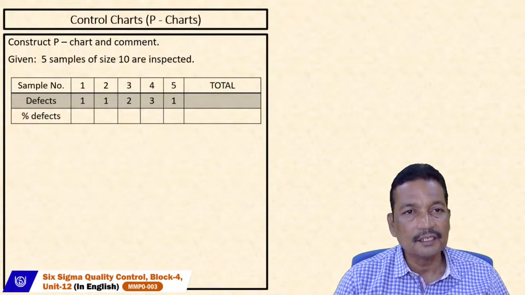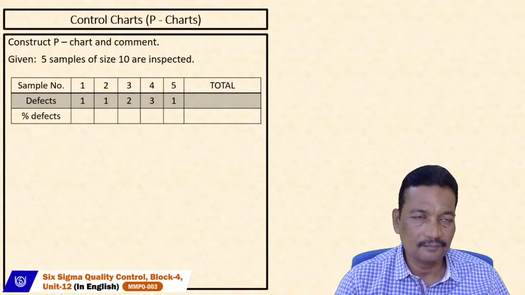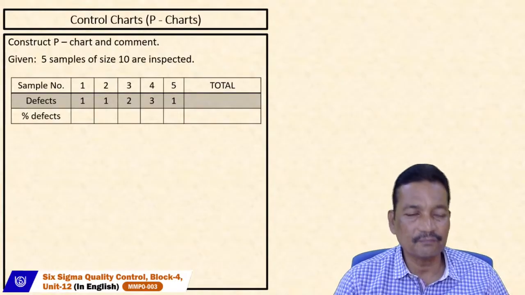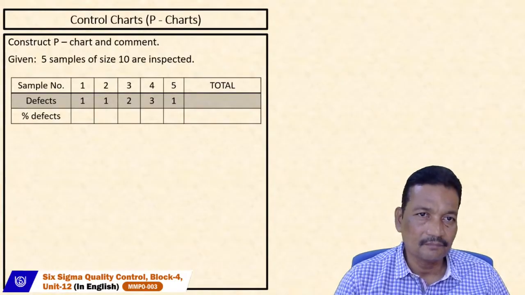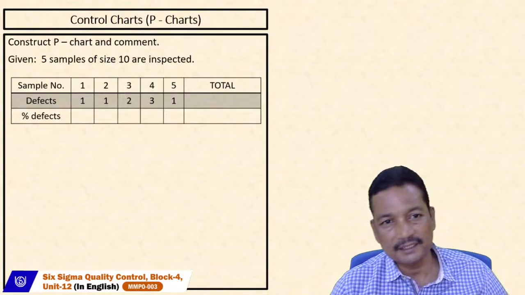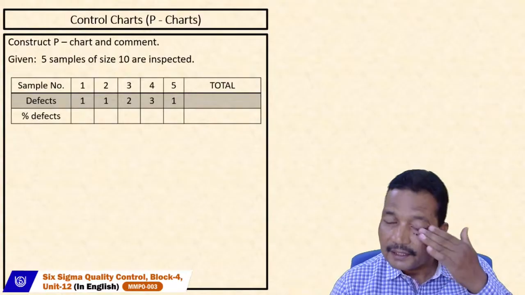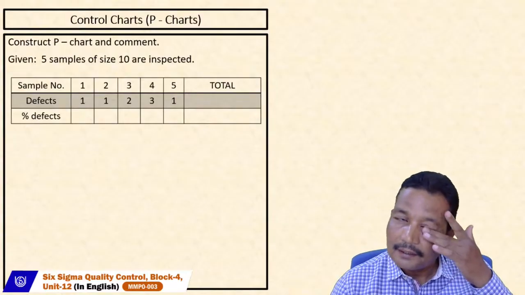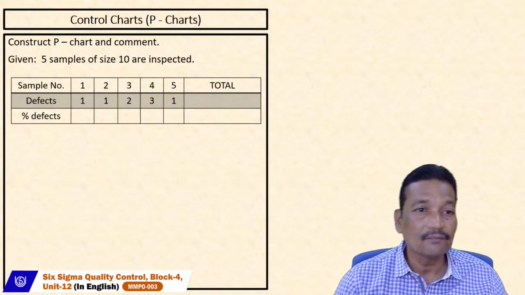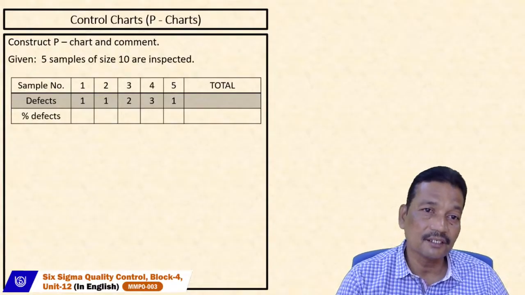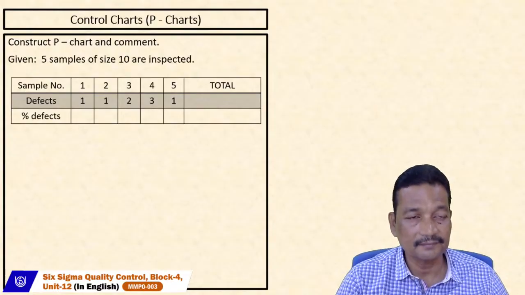Now, let us look at P chart, proportion defective, or percentage defective. So here construct P chart and comment. It is given as 5 samples of size 10 are inspected.